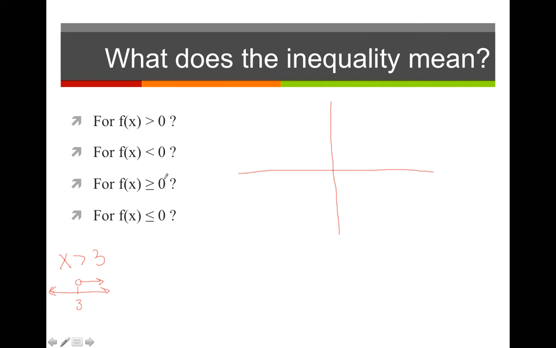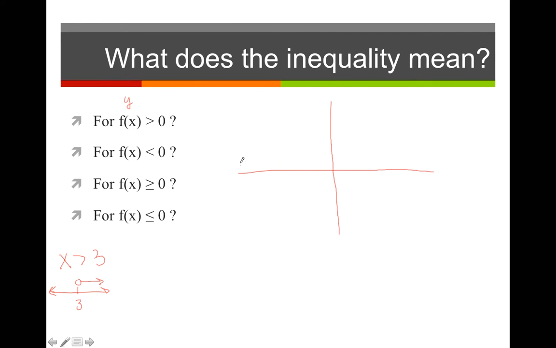So what we need to do is understand graphically what these four statements mean. And we're going to look at this just as a graph. You have to remember that f of x means the same thing as y, which means we're asking where are the y values bigger than 0?